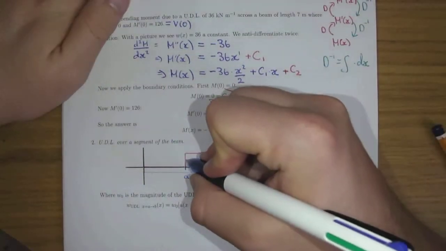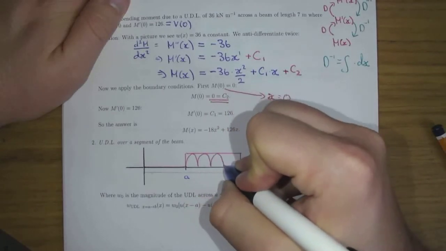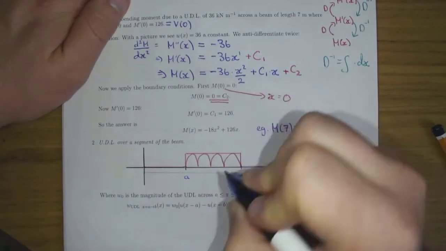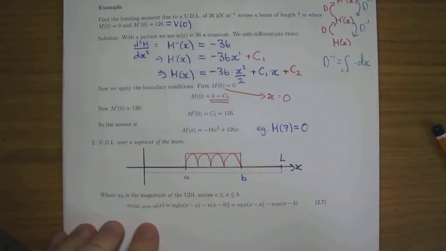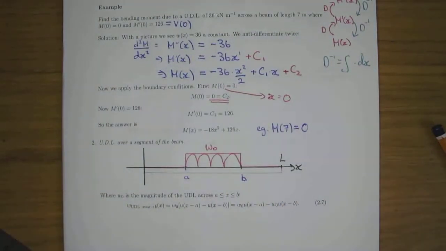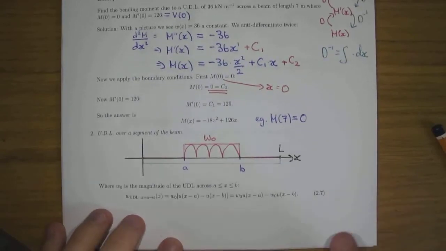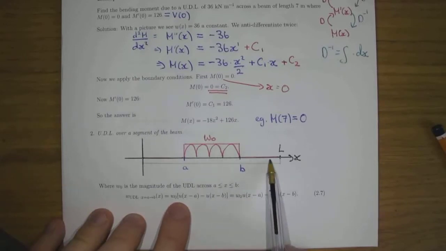Now you're probably going to draw it like that instead, but it's actually the 0, W0, 0 is actually what it should be. And if you look back at the previous videos about the Heaviside function and step functions, you'll see that the appropriate thing is you need something that's equal to 1 between A and B and 0 elsewhere.